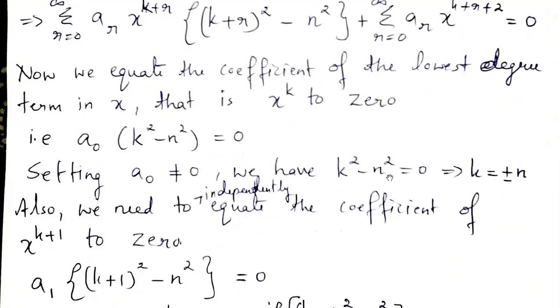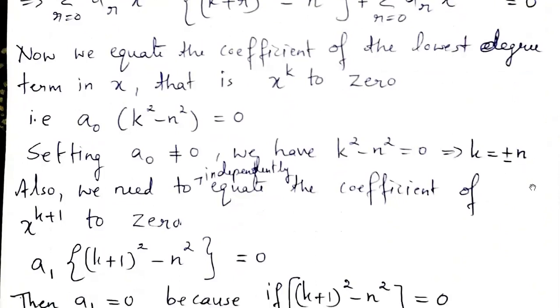So if you take the value of k square minus n square equal to 0, that implies the value of k is equal to plus or minus n. If you remember, in case of Frobenius method, once you reach this step, this particular equation, that is k square minus n square equal to 0, is also called as indicial equation, and these are the roots of k. So one root of k is plus n and the other root of k is minus n.